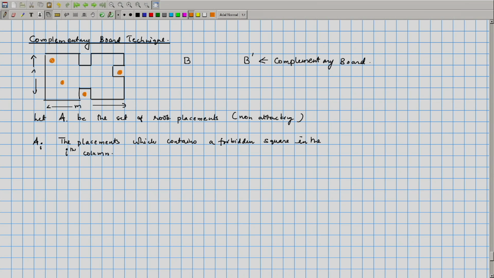Consider the orange positions, that is a placement of rooks, and it is not to be included in our count because there are 2 rooks at forbidden positions.